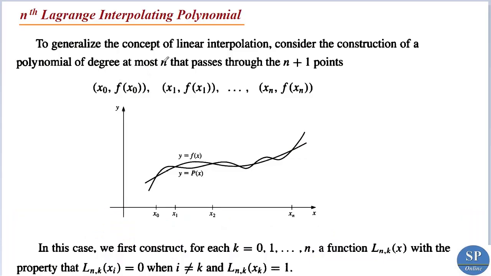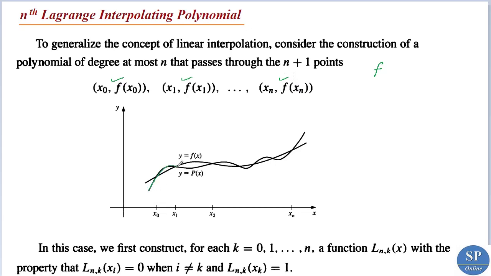Now we can generalize the concept of linear interpolation into the nth degree Lagrange interpolating polynomial. Suppose we have a function f that passes through these n+1 points: (x0, f(x0)), (x1, f(x1)), etc., (xn, f(xn)).